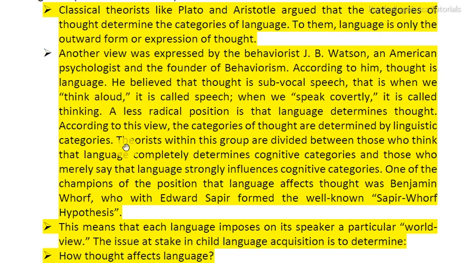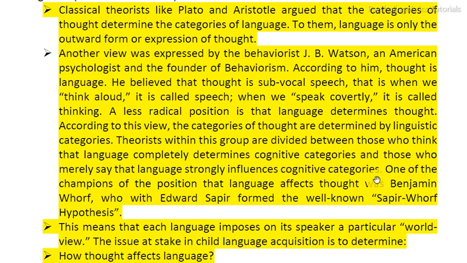So, according to this view, the categories of thought are determined by linguistic categories. Theorists within this group are divided between those who think that language completely determines cognitive categories and those who merely say that language strongly influences cognitive categories.